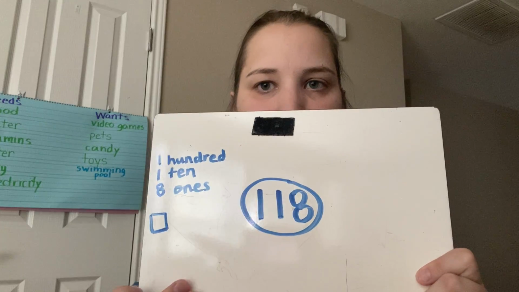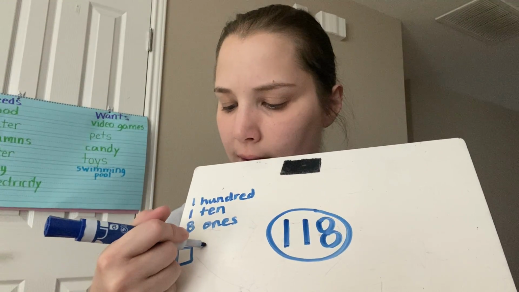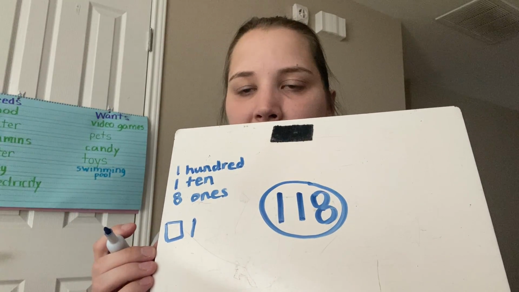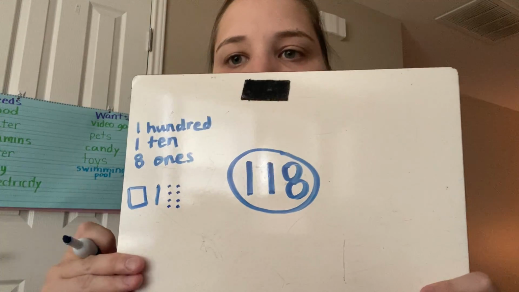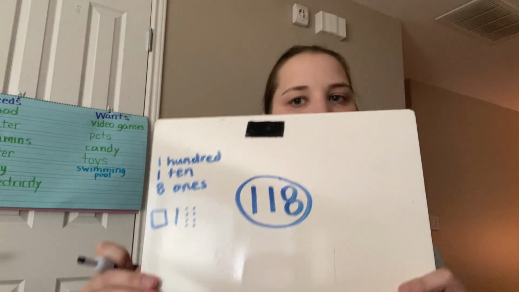Our 110, remember our 10s are just rods, so it's going to look like this. And our 8 ones are just dots. So we'll do 1, 2, 3, 4, 5, 6, 7, 8. Okay, so there's 2 ways that we could represent 118.